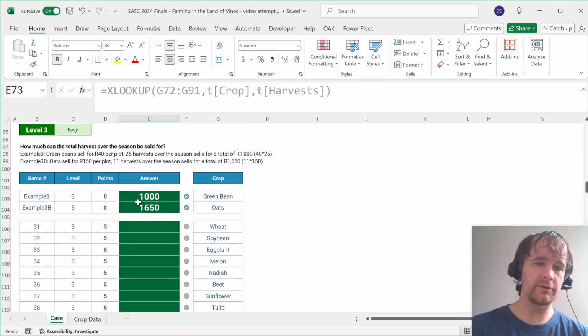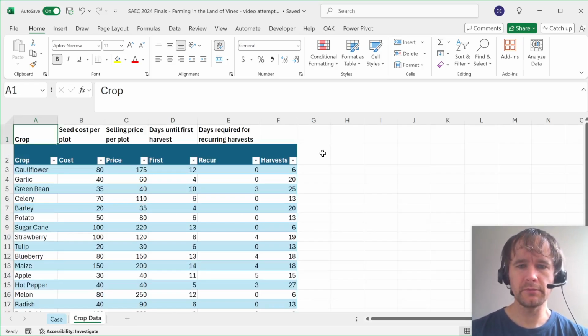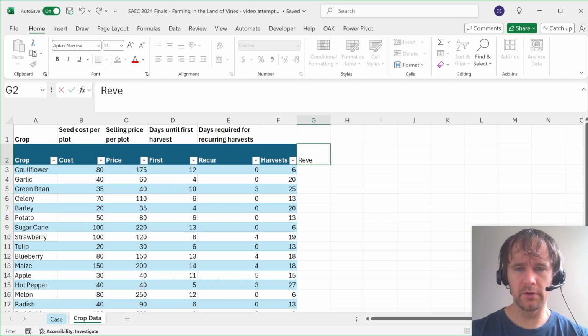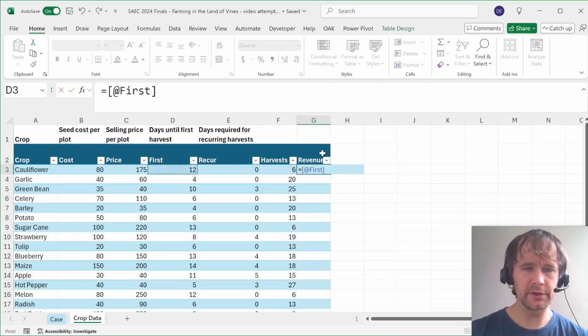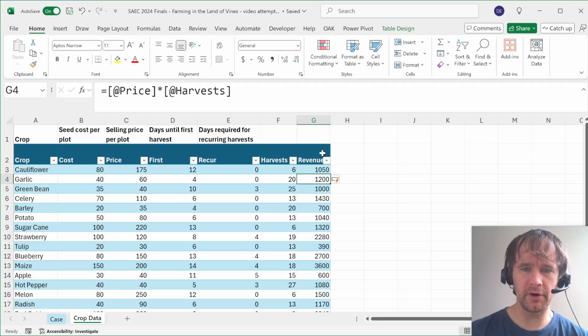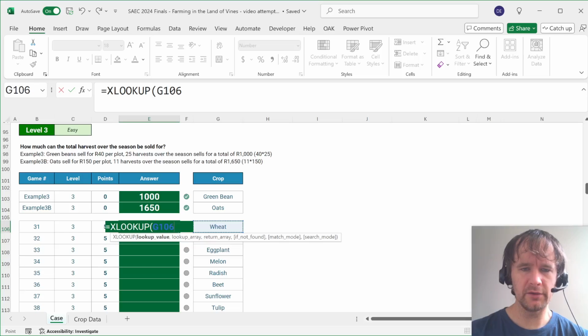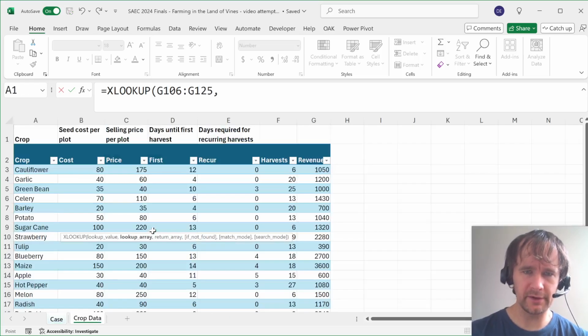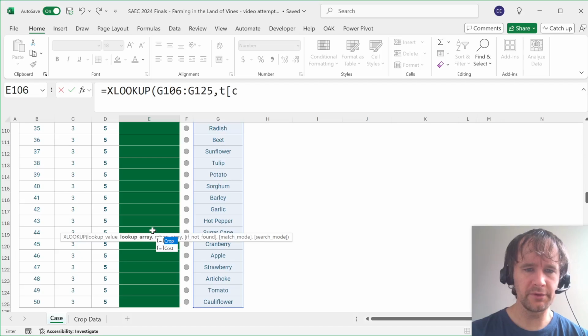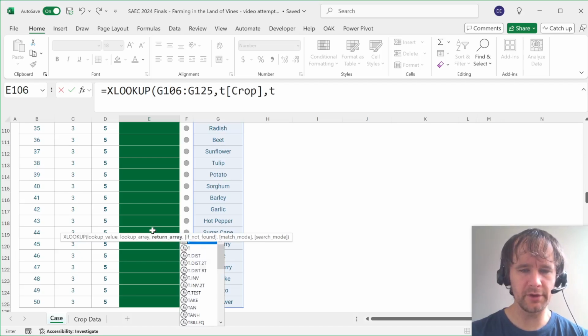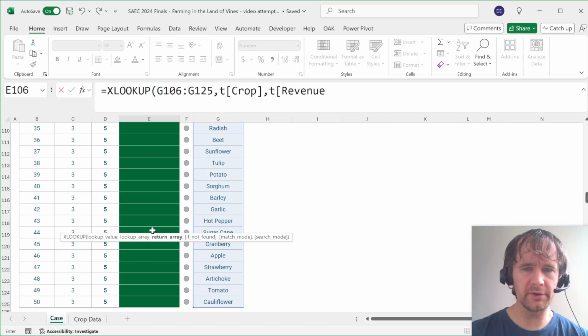How much can the total harvest over the season be sold for? So revenue, and that's just price times number of harvests. Again, the reason I give it nice names is so I don't have to go over there. So T revenue.